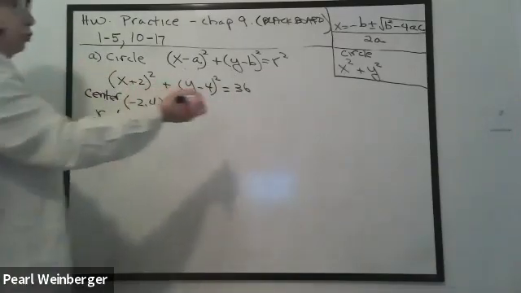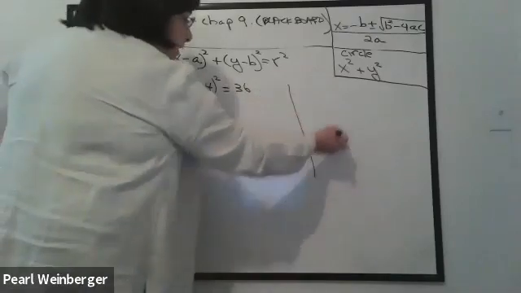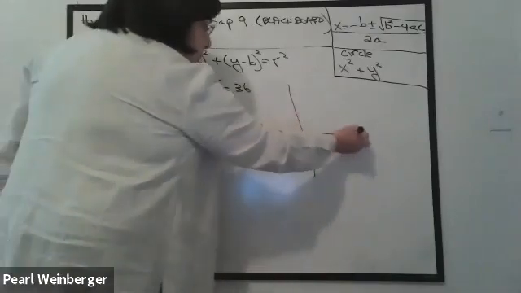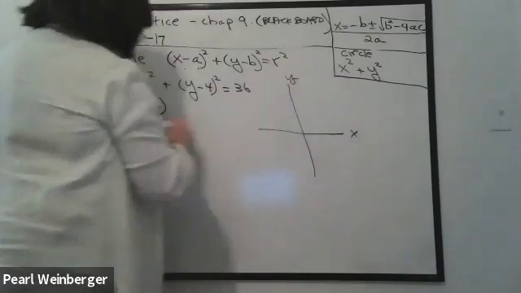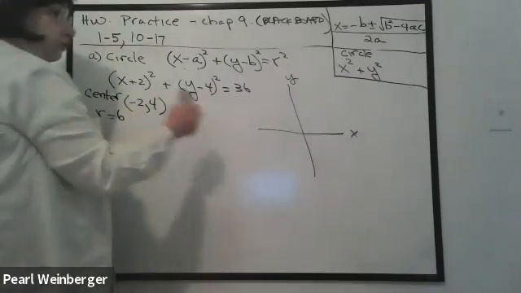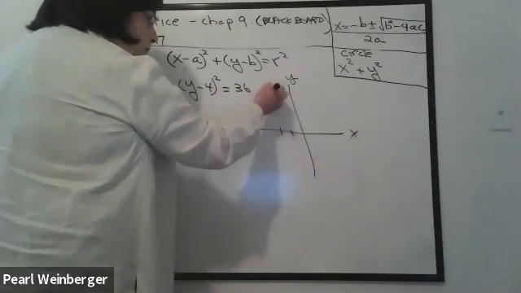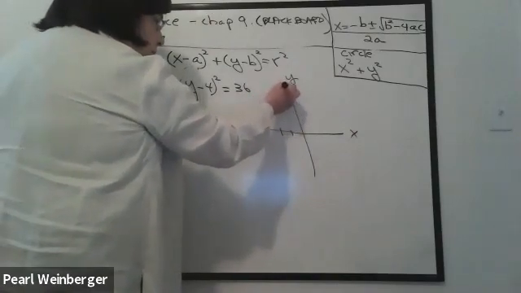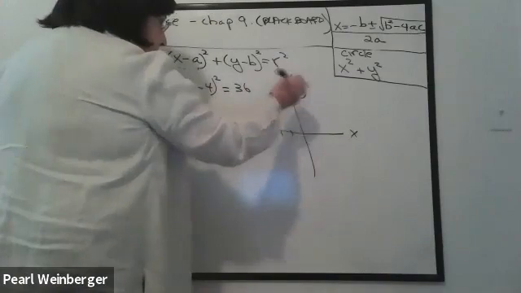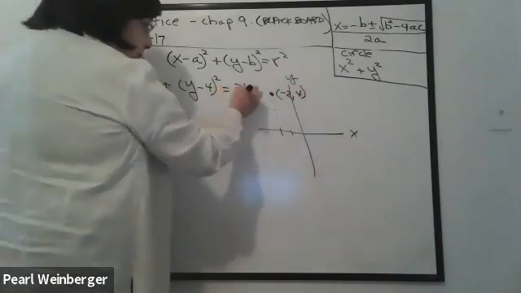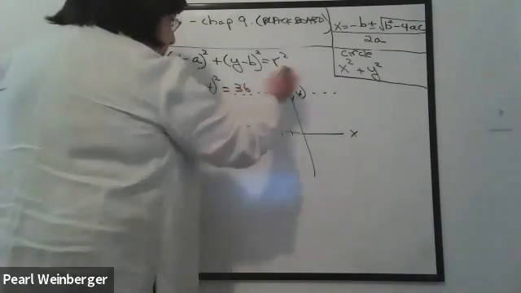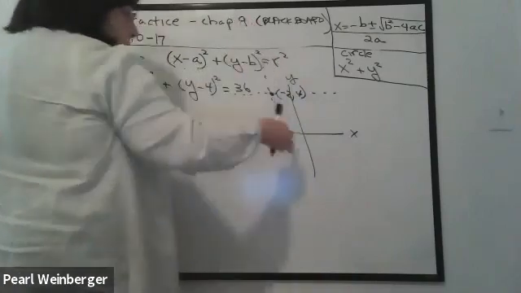If I wanted to sketch this circle, here's what I do. I'd start at the point negative 2, 4, which is 2 to the left and 4 up. Now remember, I would be doing this on graph paper that would have these lines going up and down.